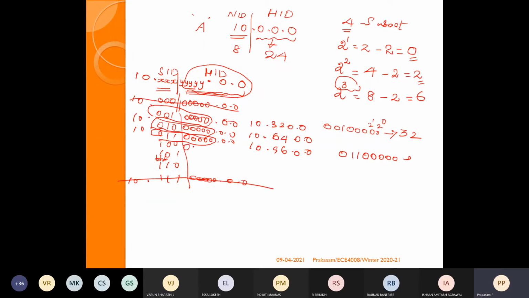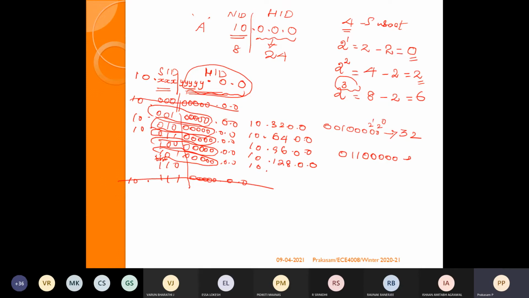Then 1, 0, 0, plus 5 zeros. Remaining all are zeros. That is 10.128.0.0. Then 1, 0, 1 with the remaining 5 zeros. What is the equivalent for this?